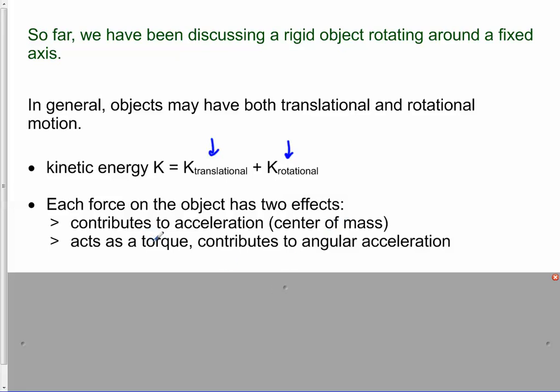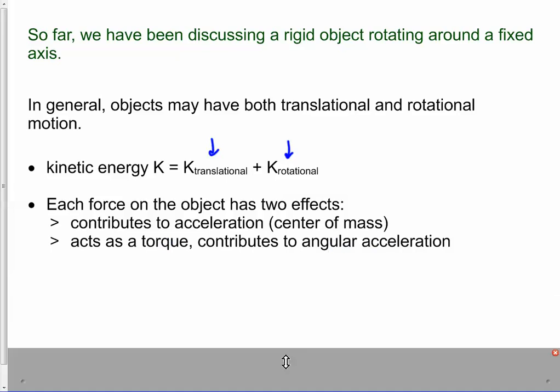But then also, at the same time, like I said, double duty, the force may also be a torque. You can use the center of mass as the axis of rotation, and there'll be a torque, and so it may accelerate in an angular sense.